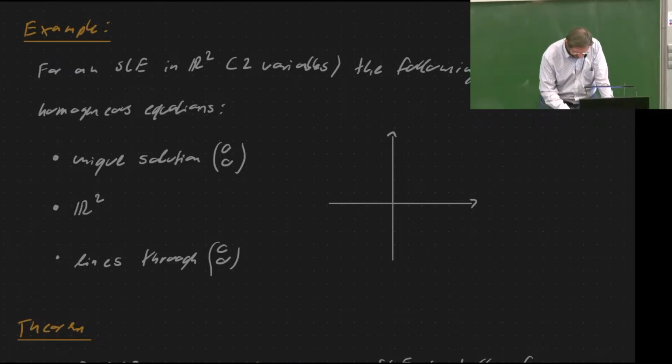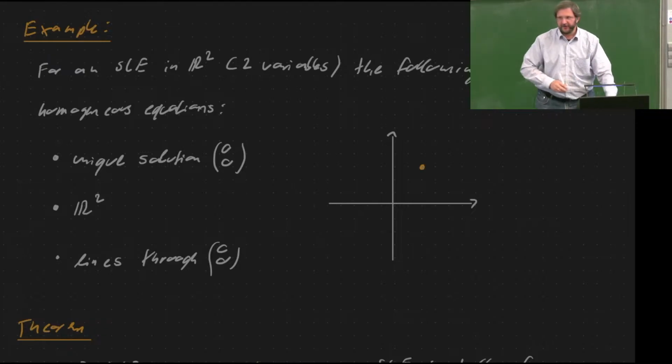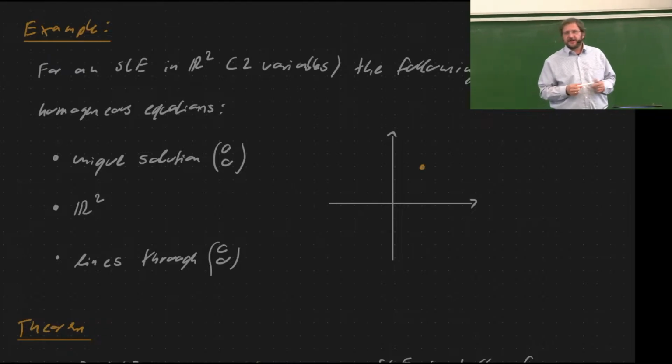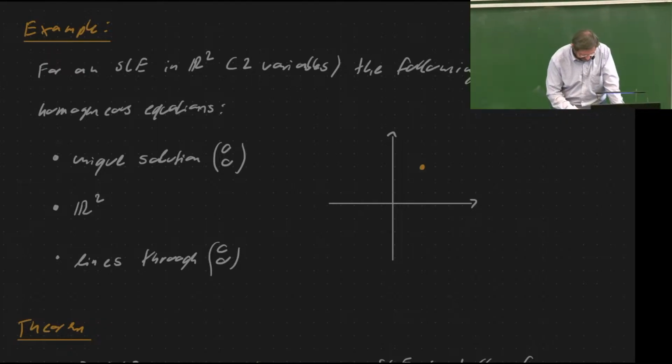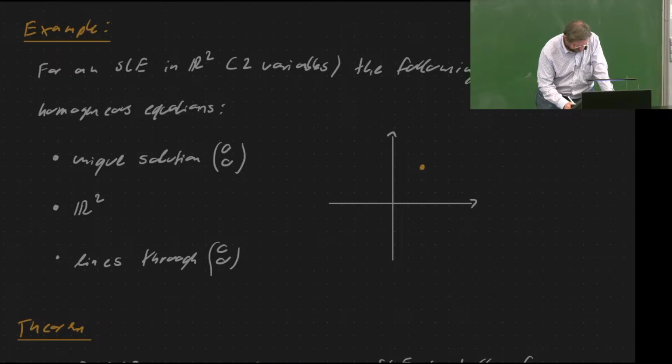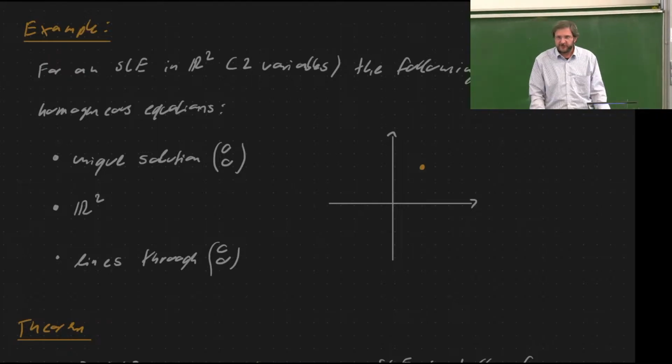So let's say I want it to contain this point here. How does the subspace look? Well, you do know that a subspace must not be empty. This is obviously not empty. It contains at least that one point.